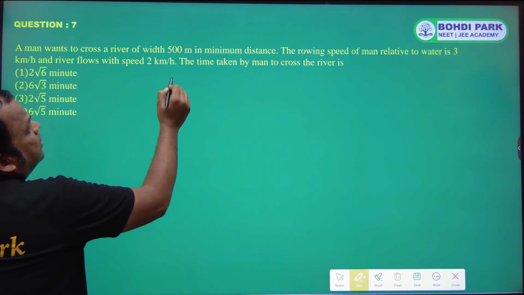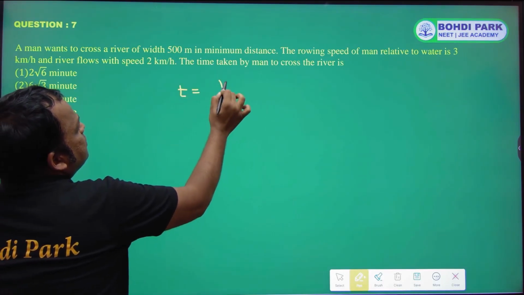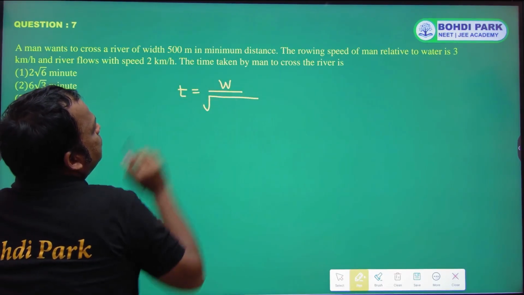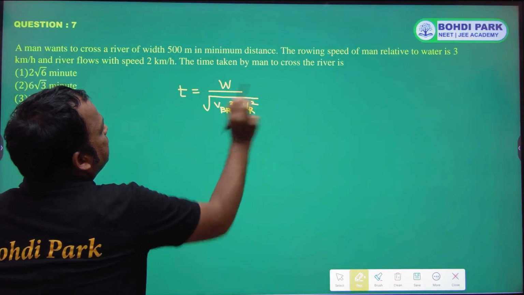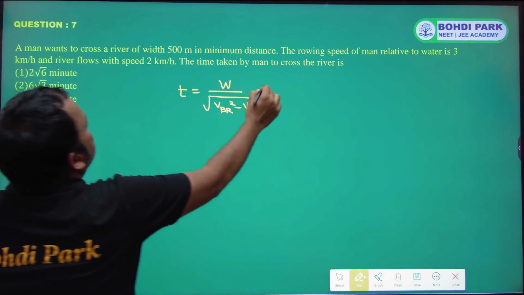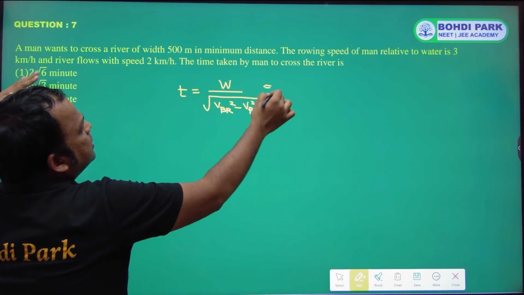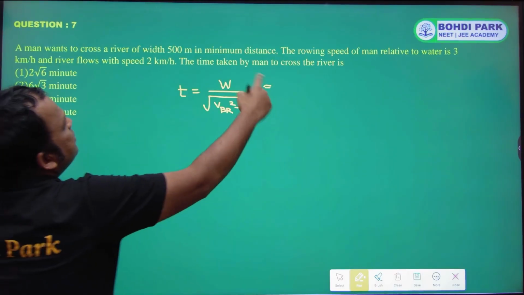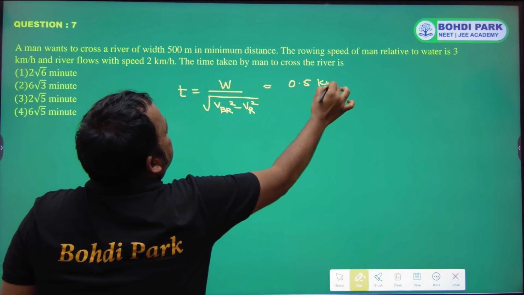Time to cross in minimum distance is equal to W by square root of VBR square minus VR square. Clear? So this W is given 500 meter. So we have to find answer in minutes. So let's find answer in hour first. So convert this in kilometer. So this will be 0.5 kilometer.